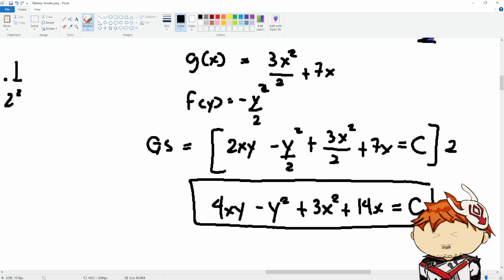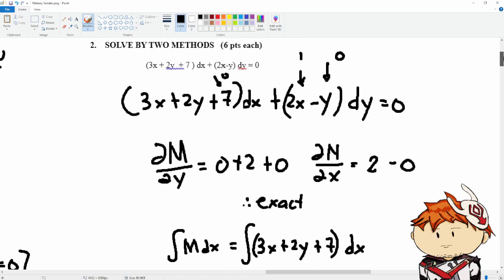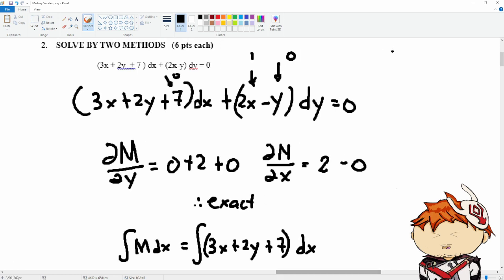And that's one method. So, we need to find another one. One method is exact. Let me write this down. What are the other methods? Separable. Not.